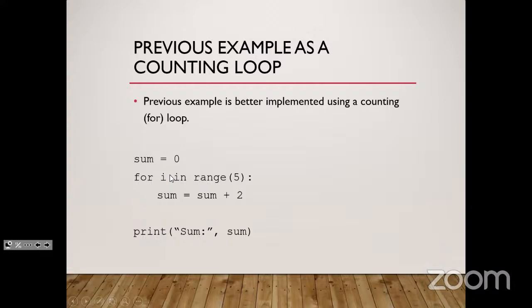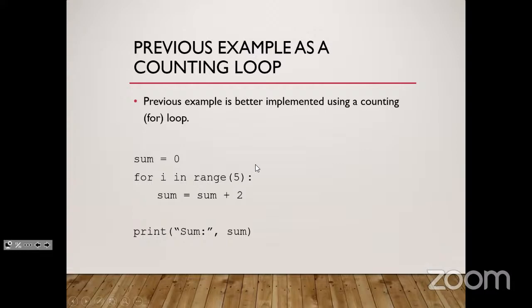This is a little bit different than, say, Java, because in Java, you would have some sort of conditional statement in there instead of the word in range. So in range will be typed for this type of for loop. There's more than one type of for loop. And then inside the parentheses, you put the stopping point.